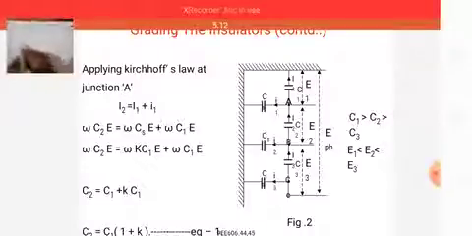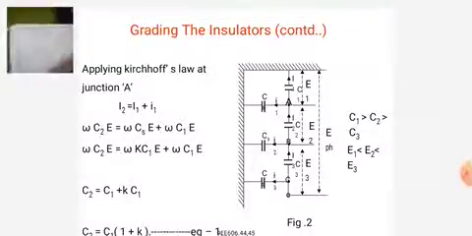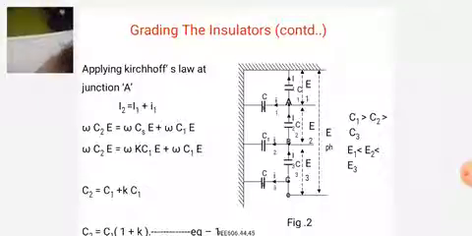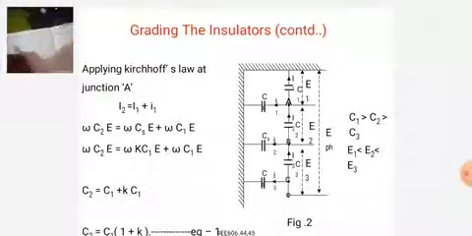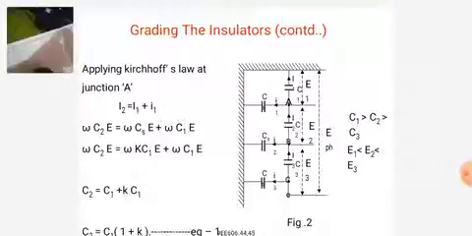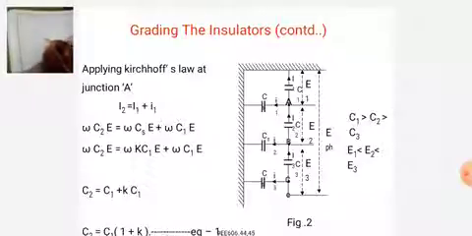Applying Kirchhoff's law at junction A. This is junction A, this is junction B, and this is junction C. Here the current is I, here the current is I1, this current is I2 and this current is I3. So at junction A, apply KCL: I2 is equal to I1 plus small i1.